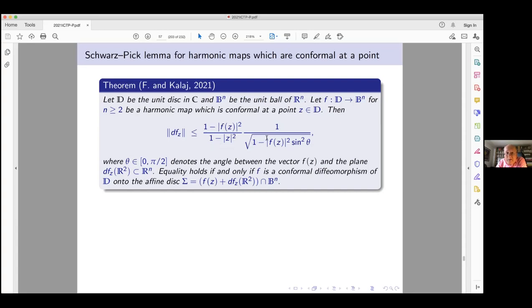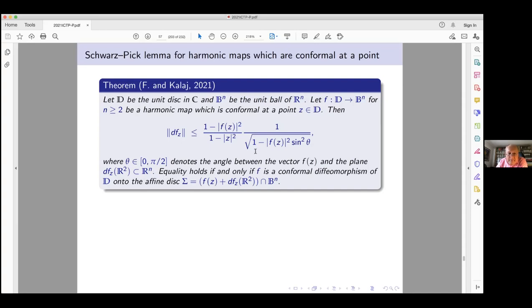In addition now, since my map is going to the ball, and it's conformal just at one point, I have this additional number here. And I will explain the meaning of this number. So here, theta is the angle between the position vector and the tangent plane at that point, the smallest angle, right?